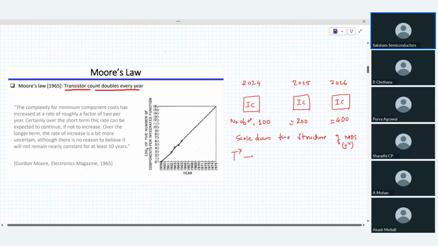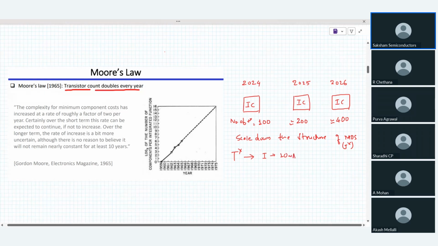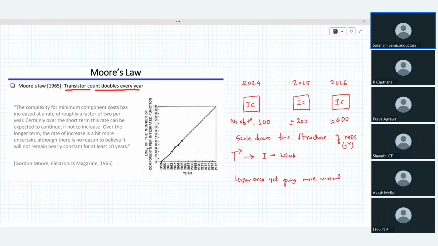If a transistor is performing to give a current I of, let's say, 10 microampere this year, the same transistor would be redesigned in such a way that it consumes lesser area, yet gives more current in the coming days or in the next year.